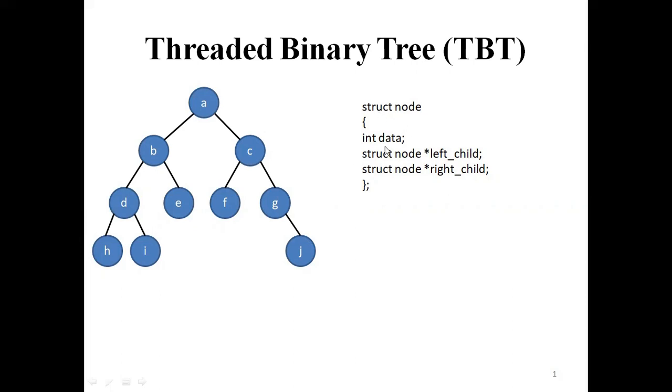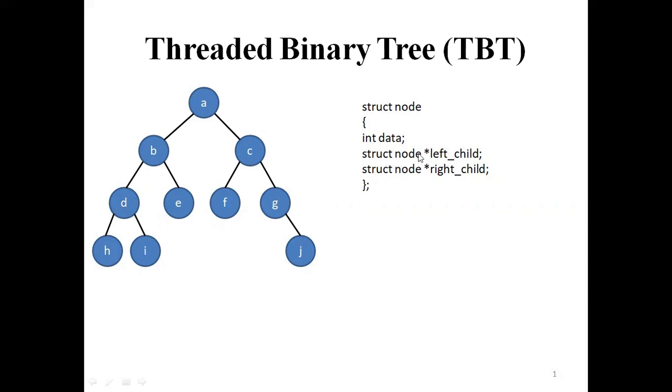this: struct node. In that node there will be a total of 3 fields. One will be for storing data. Data can be of any type, either integer, character, or float. Here we are considering integer data. Apart from this data field, there will be two more fields.